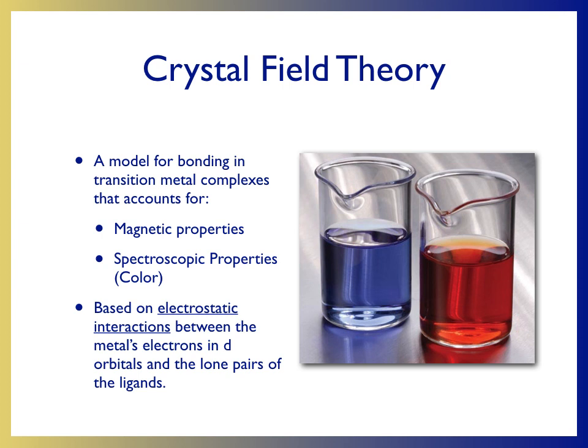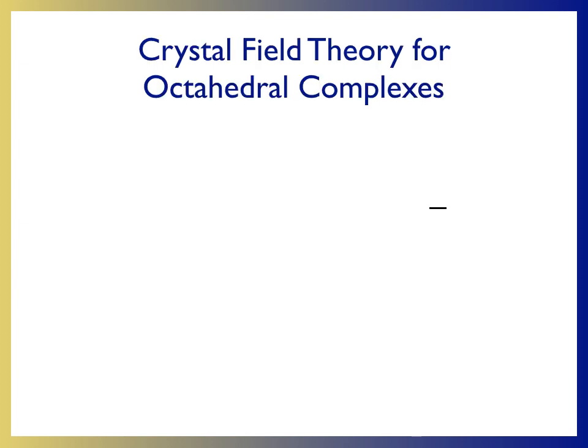We're going to describe crystal field theory for octahedral complexes, which are the majority of the complexes you'll see in this unit. One important thing to remember is that for metal cations, if the cation is not surrounded by ligands, those d orbitals all have the same energy.